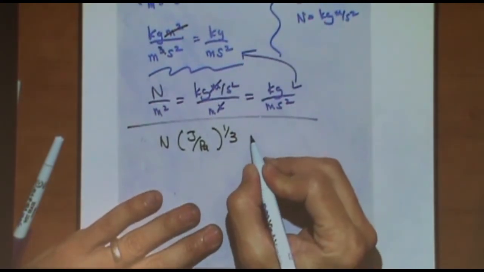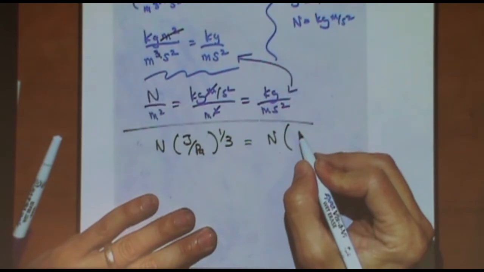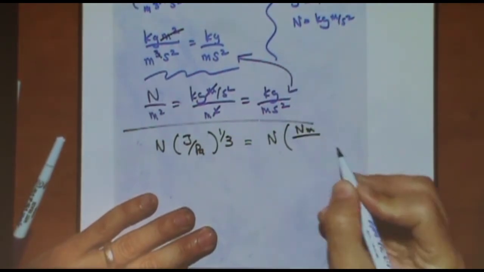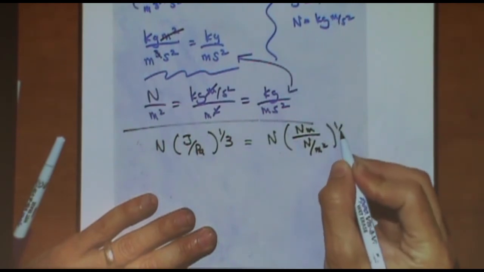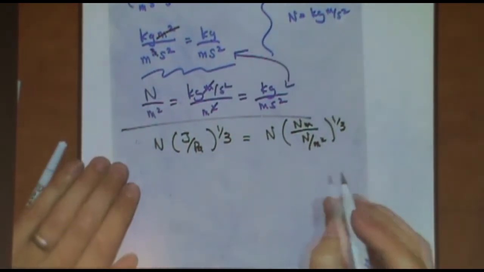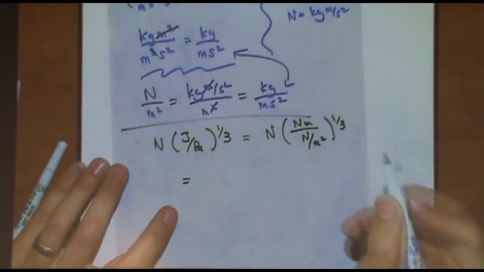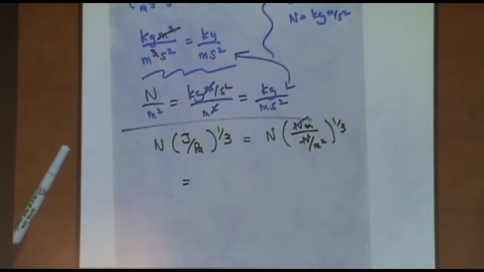Okay, well, Joule is a Newton meter. A Pascal is a Newton per meter squared. And this is to the 1/3 power. It looks like, to me, the Newtons drop.